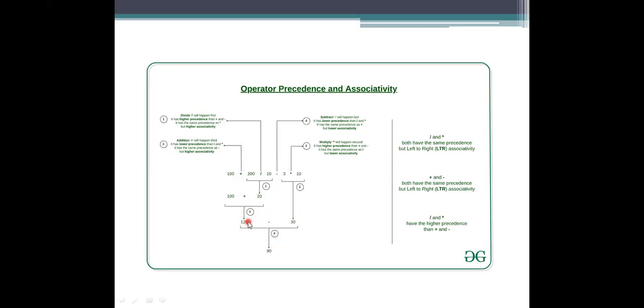So 120 will be evaluated, and then the answer we got from the second step will be subtracted from 120, and we get the resultant here. So likewise the associativity will help a user to get the order of evaluation.